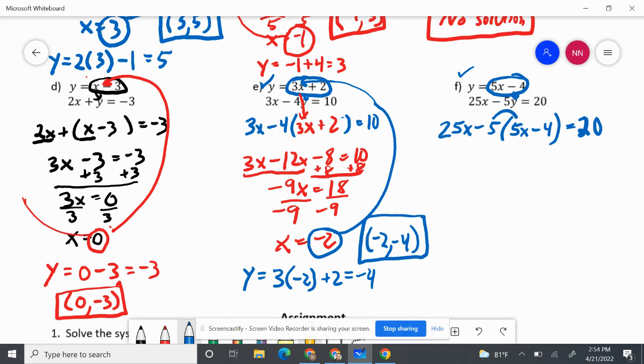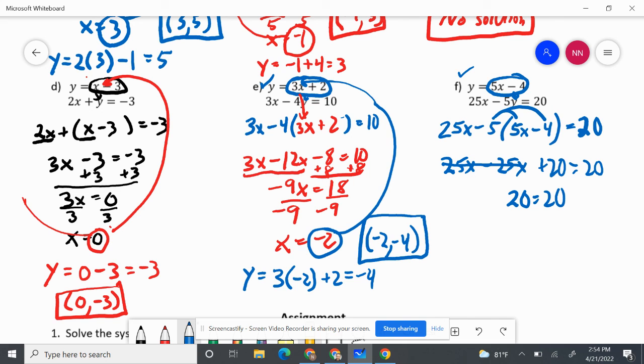I'm going to distribute the negative 5 to each of the terms. I get 25x minus 25x plus 20 equals 20. I see that the x's cancel, and I get 20 equals 20.